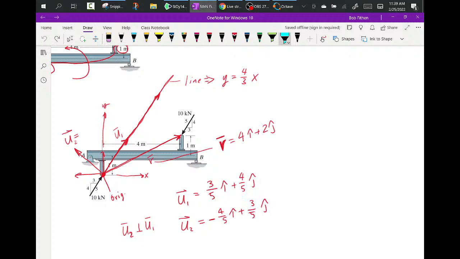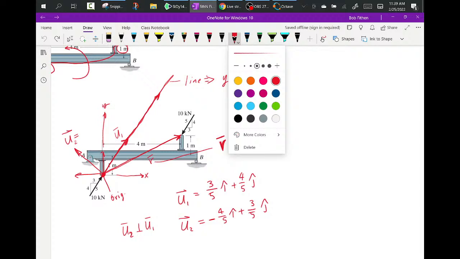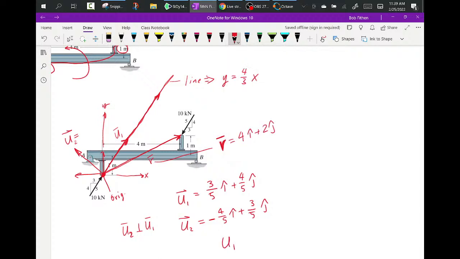The reason this always works, if you look at u1 dotted with u2, I get 3/5 times a minus 4/5. Taking this number comes this number, and then I add this number times that number, 4/5 times 3/5.